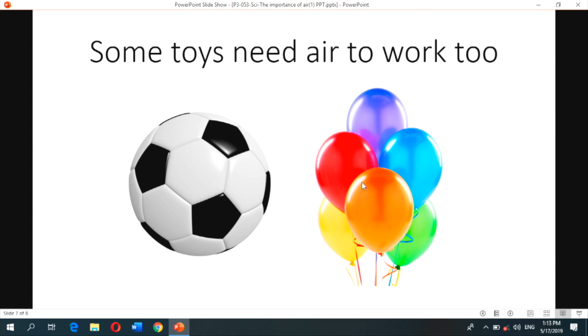Does a balloon with no air, does it go into the sky? No. We need to blow the air into the balloon for it to look like this. And if the football has no air, it's just flat. We can't play the football. We need to put the air inside to make the toys work.